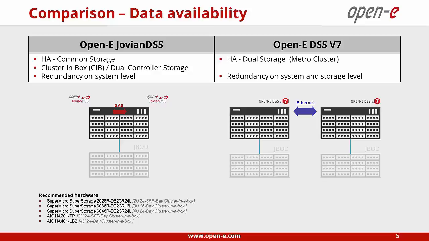Here we also have a mirror situation on the Jovian, where every disk will be mirrored to another one. Next to mirrors, because it's a shared backplane, we could also use Z1 or Z2, Z3.